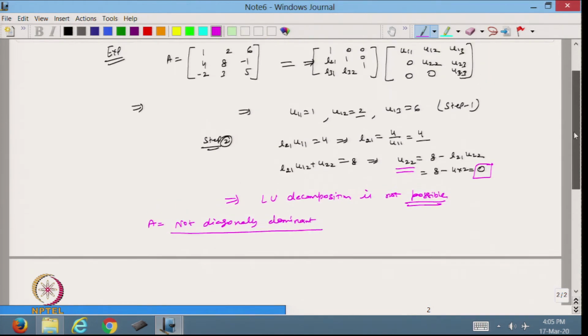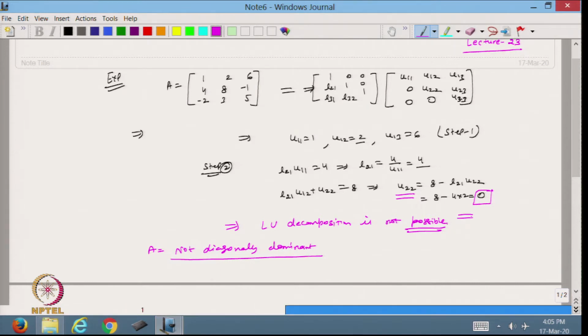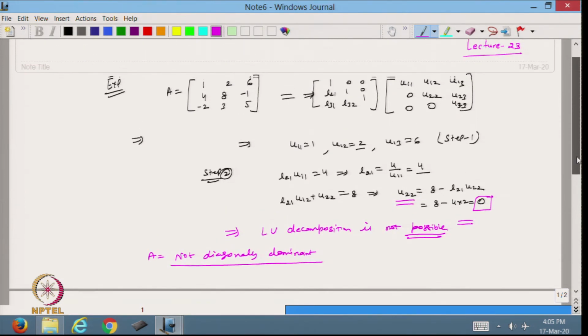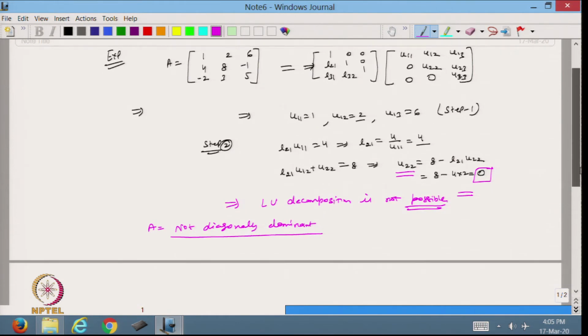So it may happen that if I change this and make the matrix diagonally dominant, then when I do the LU decomposition, it may be possible to get it. So that is always there: if a matrix is diagonally dominant, then the LU decomposition is possible.